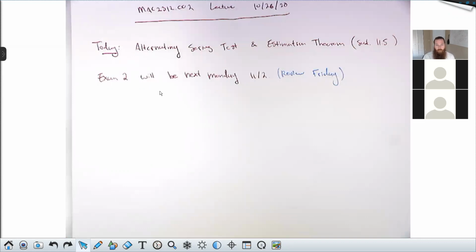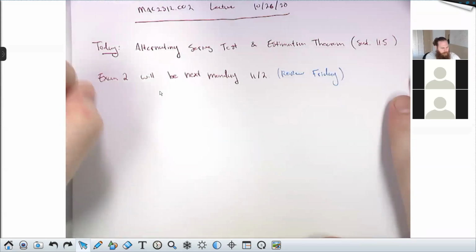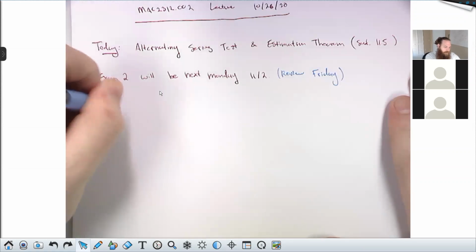So that's section 7.8, which was on improper integrals, 11.1 on sequences, and 11.2 through 11.6, which is all on series. So just so we're all up to date with the bookkeepy stuff, there it is. The material for today is about alternating series. So first we need to define what an alternating series is.